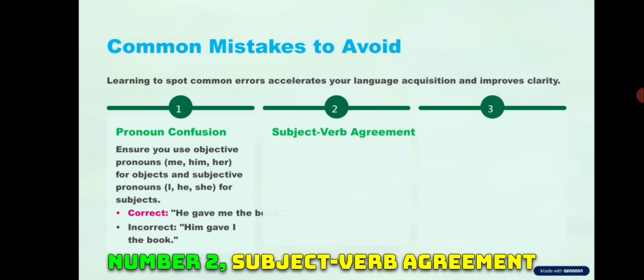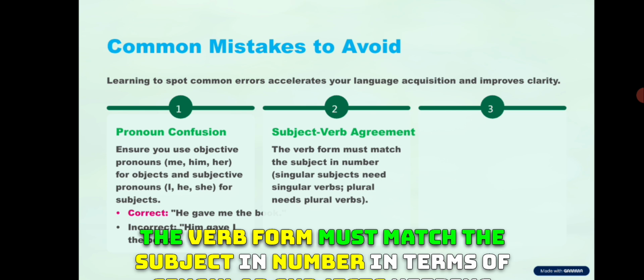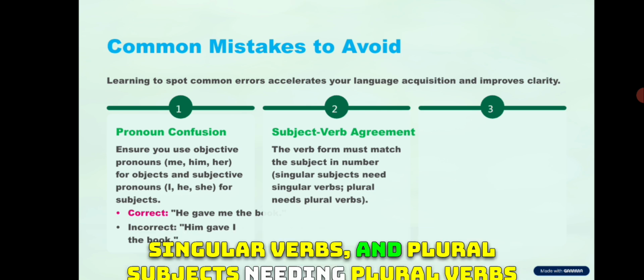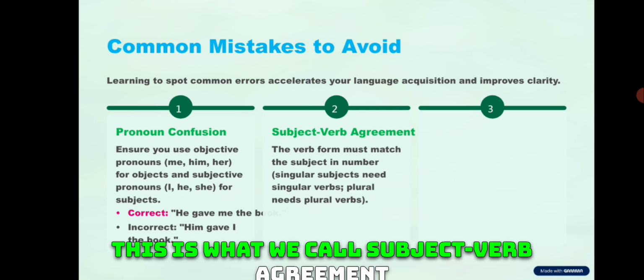Number 2, subject-verb agreement. The verb form must match the subject in number, with singular subjects needing singular verbs and plural subjects needing plural verbs. This is what we call subject-verb agreement.